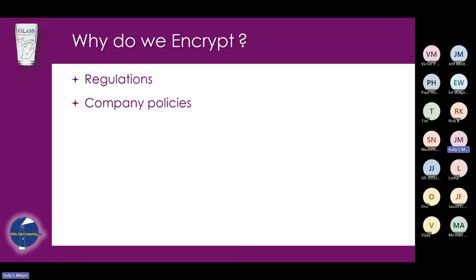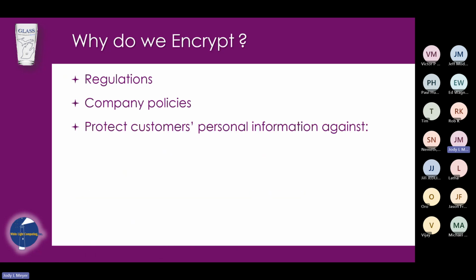It's a good snooze to read. There are company policies that require it. It's to protect the customer's personal information against hackers and internal theft, where somebody inside the company has information they shouldn't have access to.